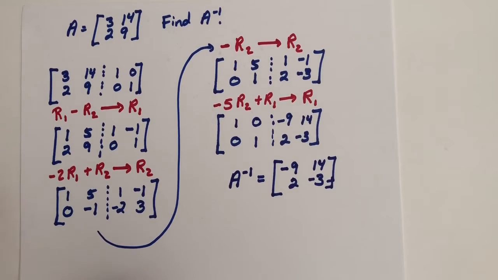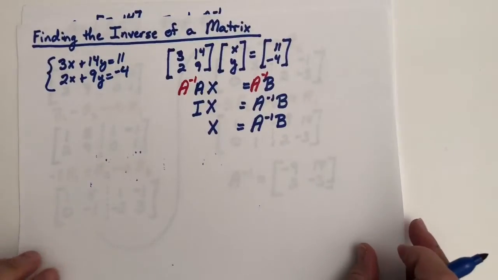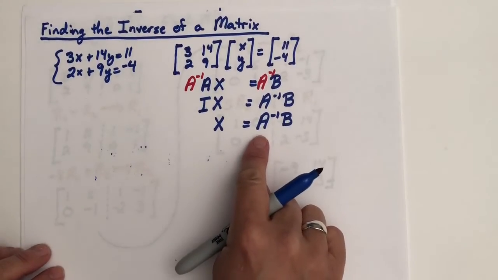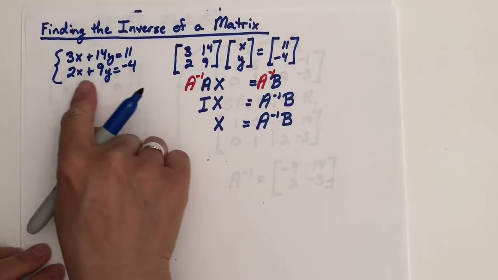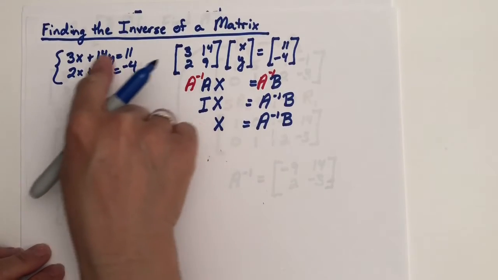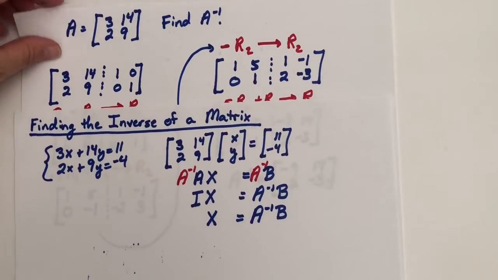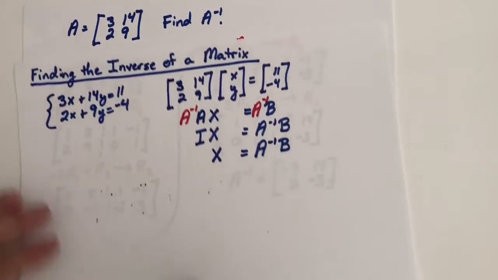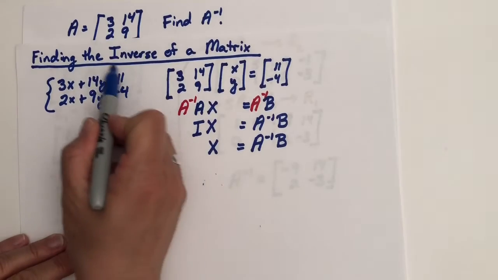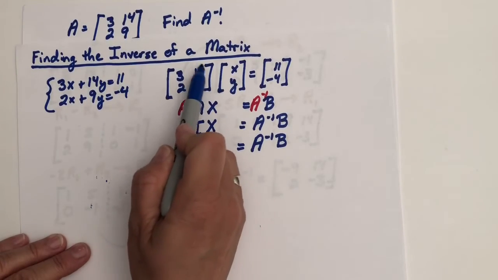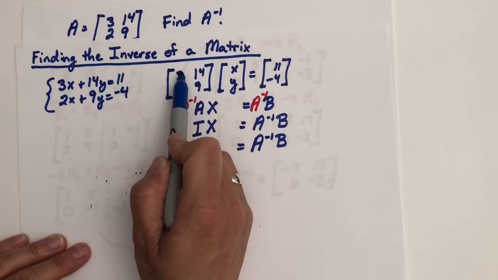Now let's head back to our system right here. Remember, we were trying to find the inverse of A, so we could find the solution to this system. And now we know the inverse of A. So for this particular solution, here was the matrix that was A. We have just found the inverse of that matrix right here.